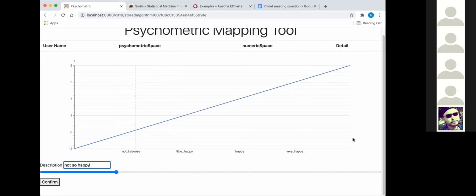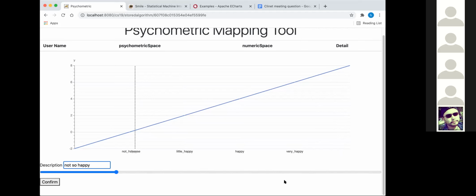But based on that, if you already have this mapping function, every time someone puts the not so happy at a certain x-axis position, you can present a number.